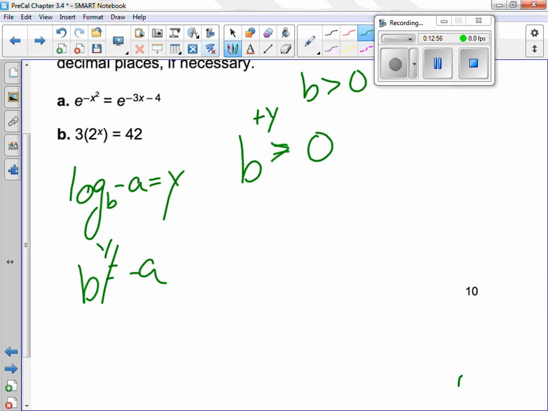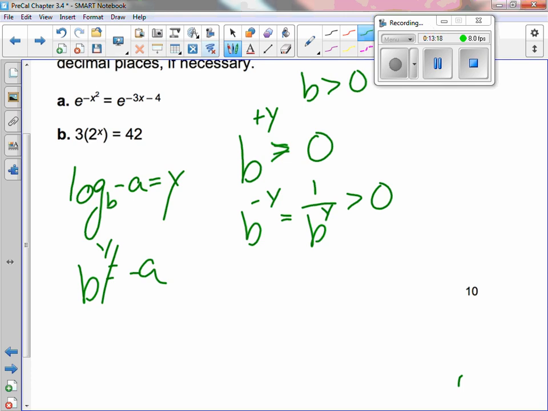Now, if y is positive, except for it being negative, it would go up because we had 2, 4, 8, 16, 24, would go that direction. Now, if b to the negative y, well, that's the same as 1 over b to the y. But that's still going to be greater than 0 because the only way for that fraction to be 0 is if the numerator was 0.